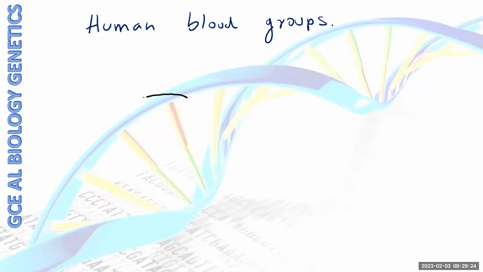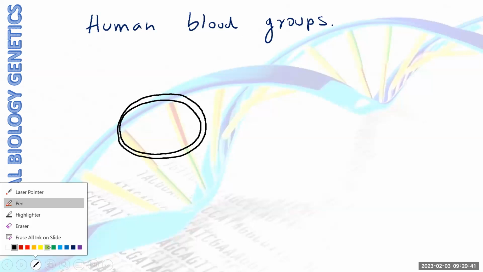If you take a red blood cell, this is the cell membrane, and it has a protein on the membrane.